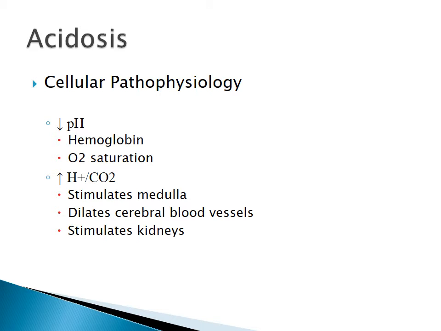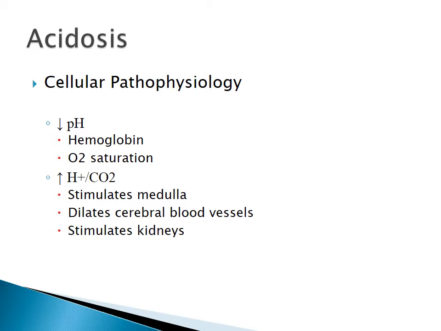As the pH goes down, the hemoglobin is going to release the oxygen that it has on its cell, and it's going to pick up the hydrogen and the CO2. This is one thing that happens automatically. It's trying to compensate. It's trying to pull that hydrogen out of the blood and onto the hemoglobin.